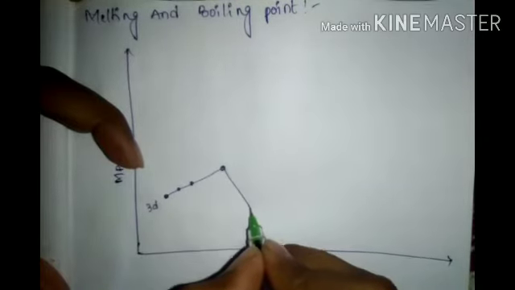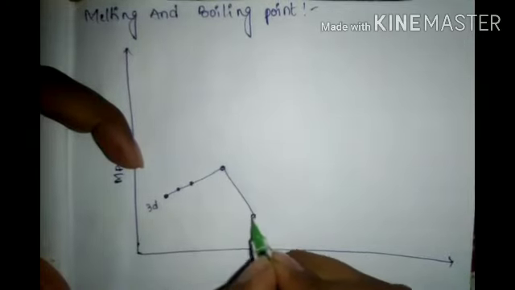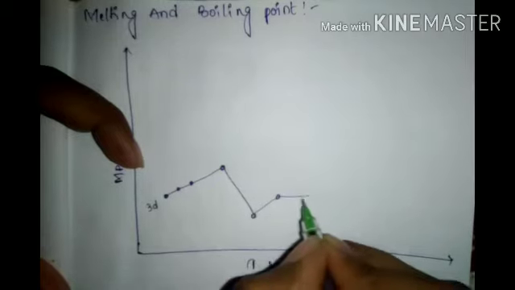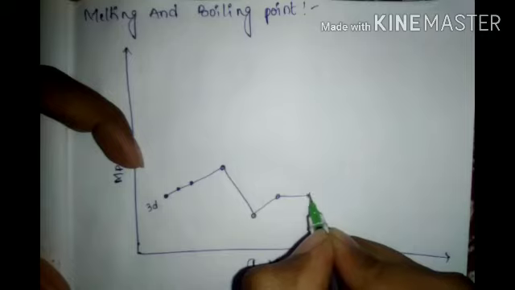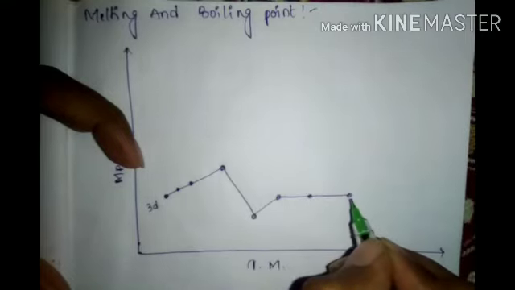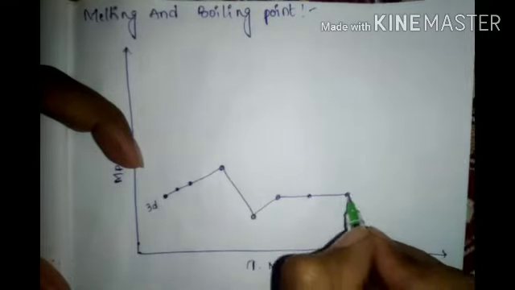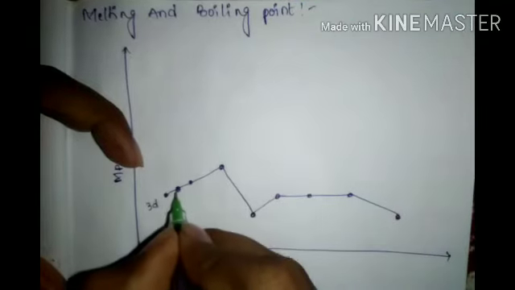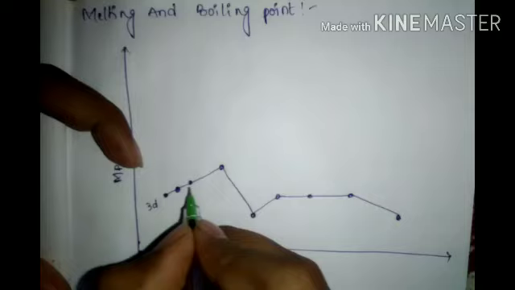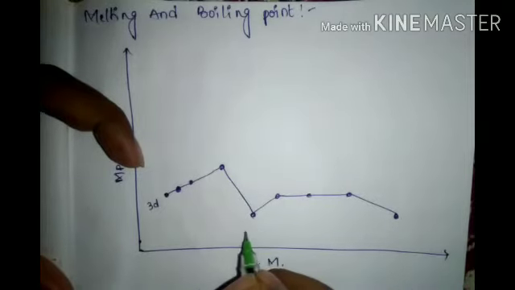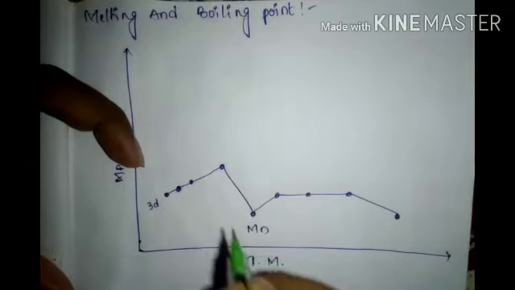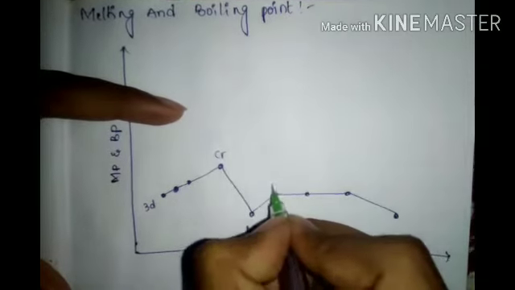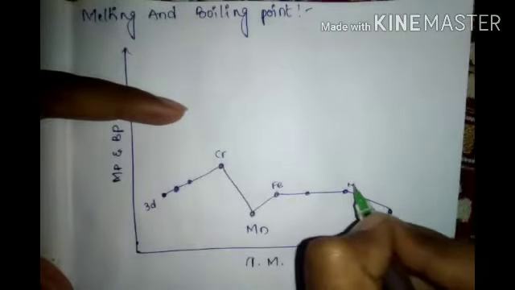Scandium, titanium, vanadium, chromium, manganese, iron, cobalt, nickel, then copper. Mn, Cr, Fe, nickel.